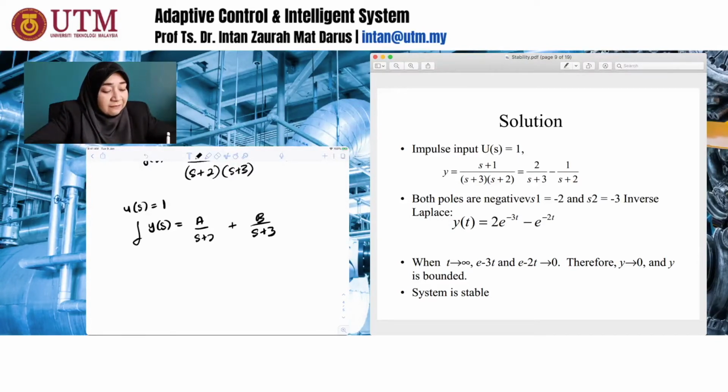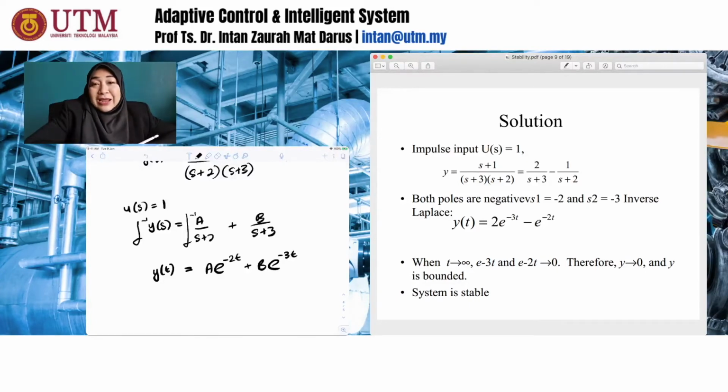If I take inverse Laplace of Y(s), that will give me y(t), isn't it? The inverse Laplace of A over (s+2) gives me A exponential of minus 2t, plus B exponential of minus 3t.